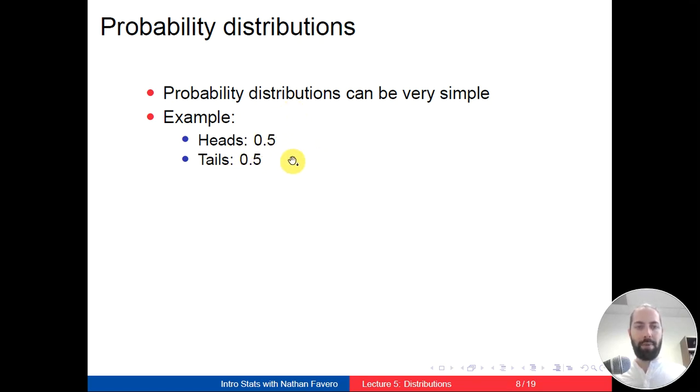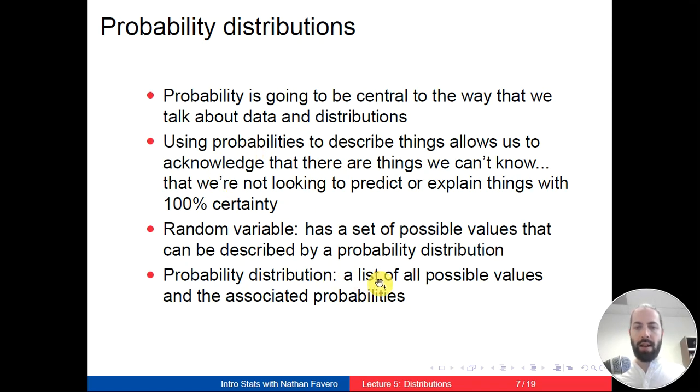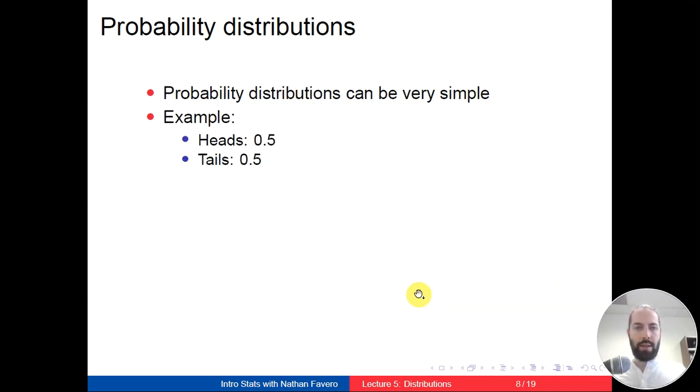So this is an example of a probability distribution. What was our definition again of a probability distribution? A list of possible values and the associated probability. In this case, the possible values are heads or tails. Heads occurs with 0.5 probability or 50% chance. Tails occurs with 0.5 probability or a 50% chance.